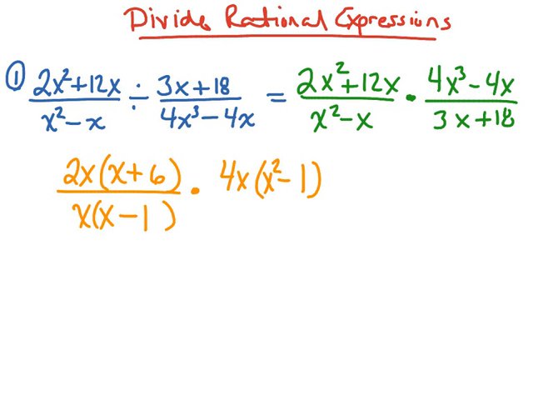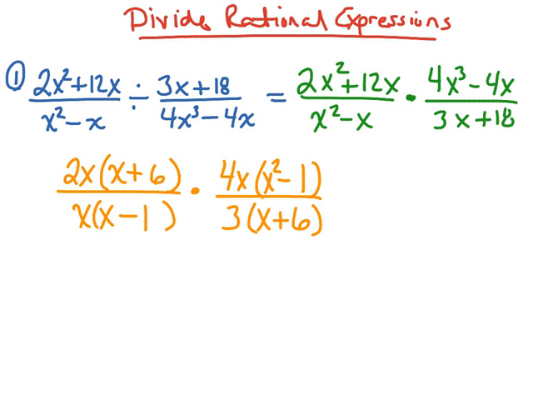Well, that's going to be a minus 1 there. Now I'm going to go down to the denominator, 3x plus 18. That does have a GCF, and that's a 3. 3 times what will give me 3x? Well, that's an x. And 3 times 6 will give me 18.